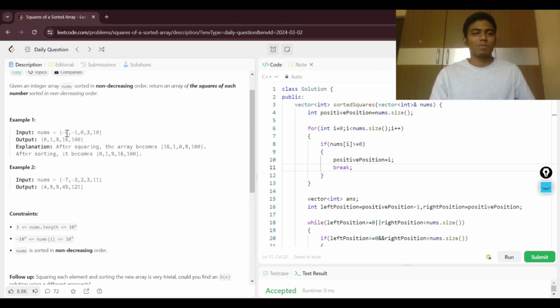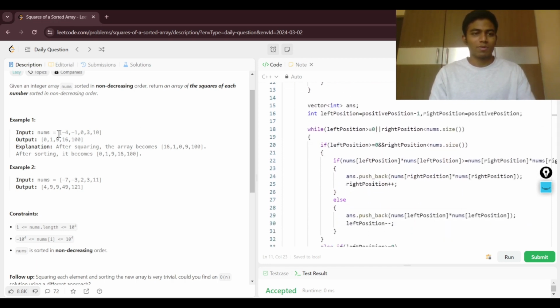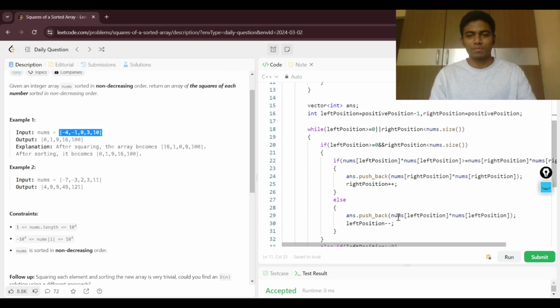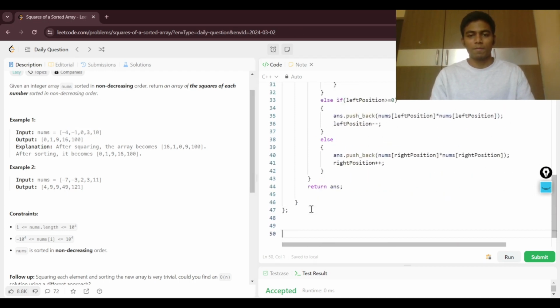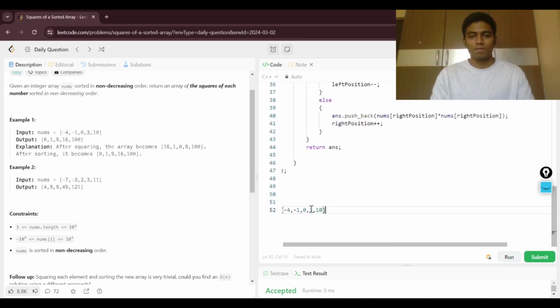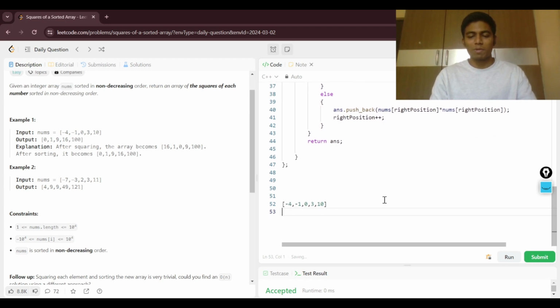Suppose let's take this particular example. If we square these, 4 into 4 becomes 16, and then 1 into 1 becomes 1, and then 0, and then 9, and then 100.